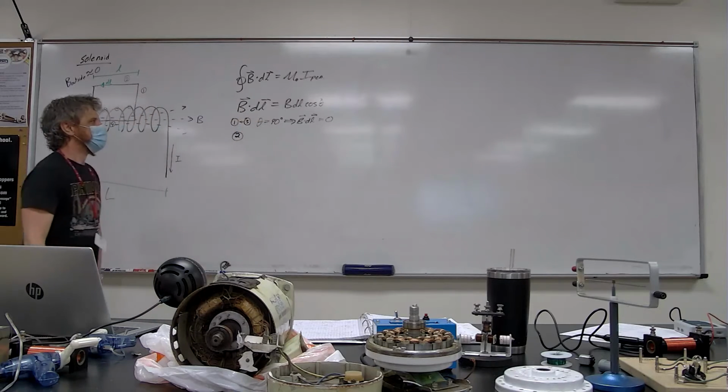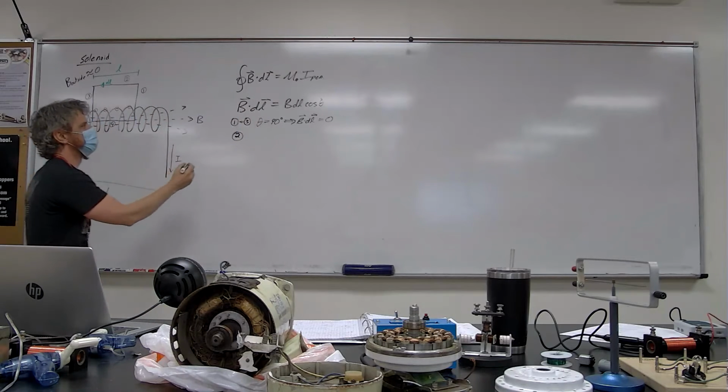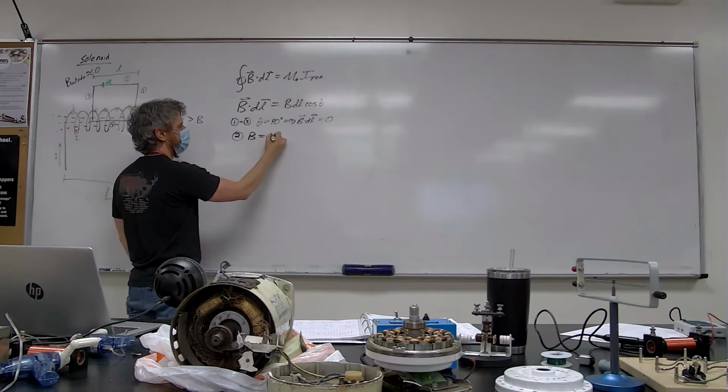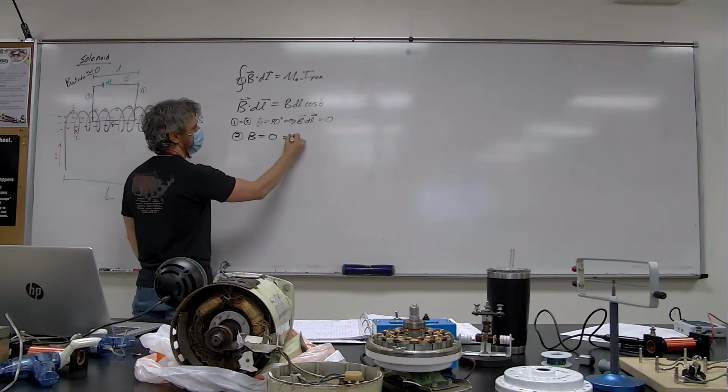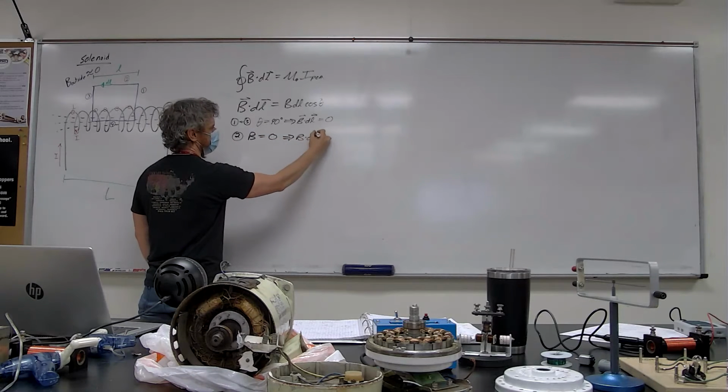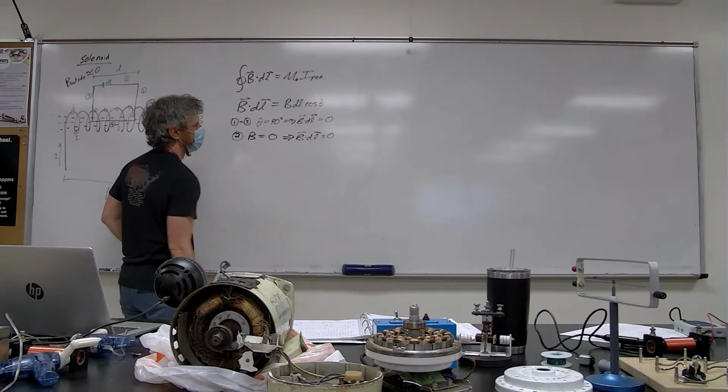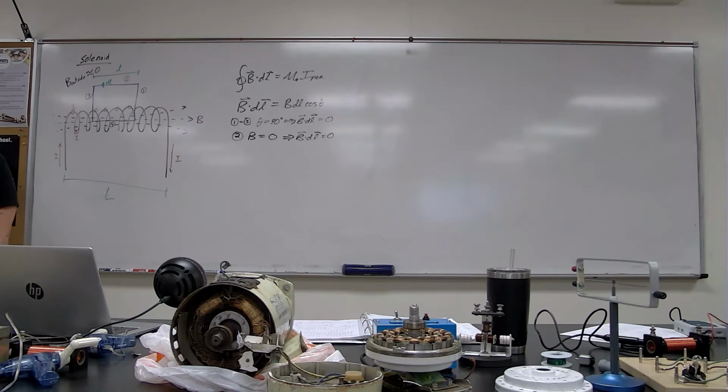Okay, so number 2, segment 2, the magnetic field is approximately 0. So B dot dl there is also 0. Again, not really 0.